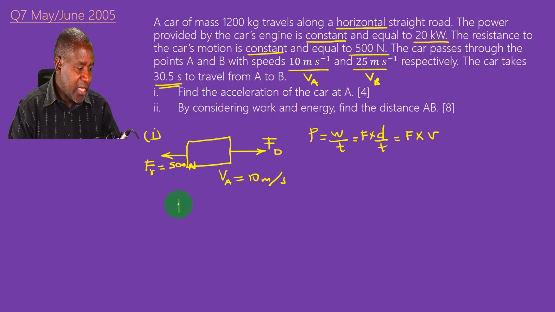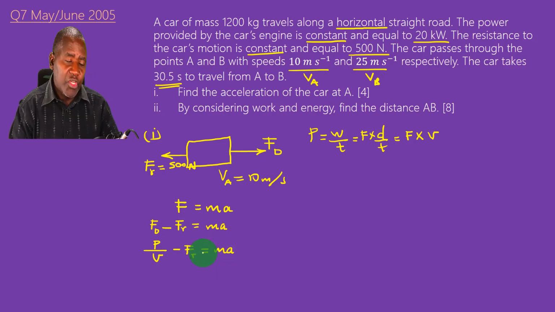So when you use the equation, a resultant force is equal to ma. The driving force FD minus the resistance force, which is FR, is equal to ma. But at that instant, I can use the equation power over the speed to get the driving force at that point.